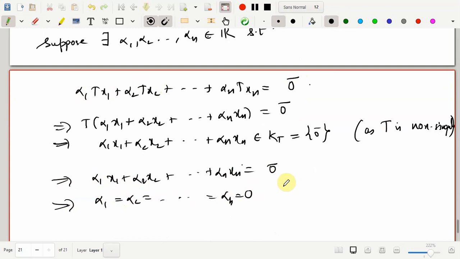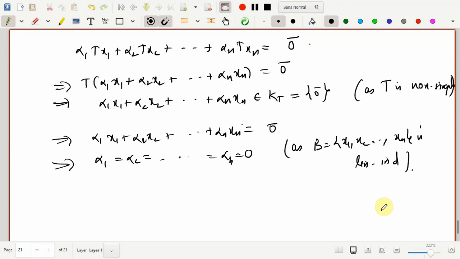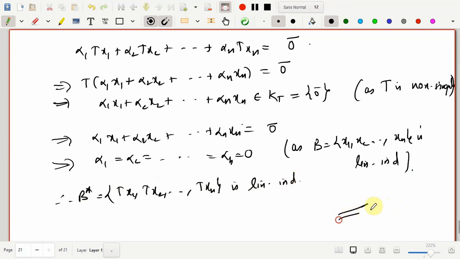The reason is that the set B consisting of the vectors x1, x2 till xn is linearly independent. So this is enough to say that B star, the set consisting of Tx1, Tx2 till Txn, is linearly independent.